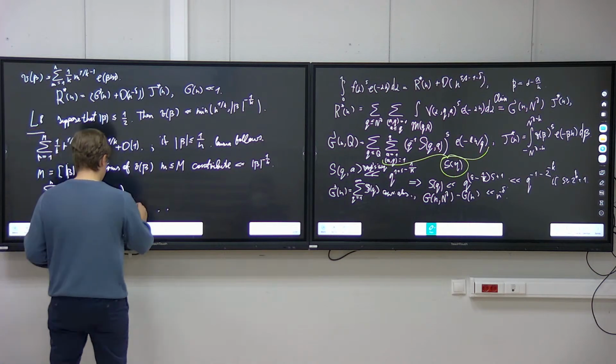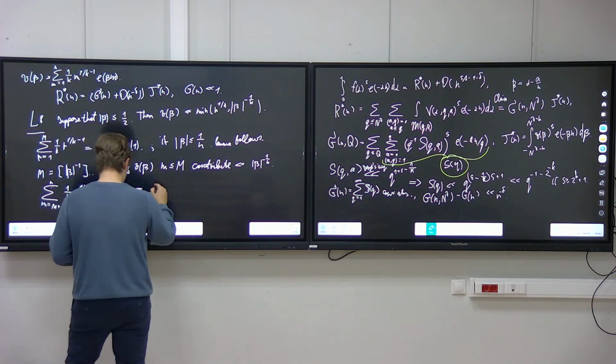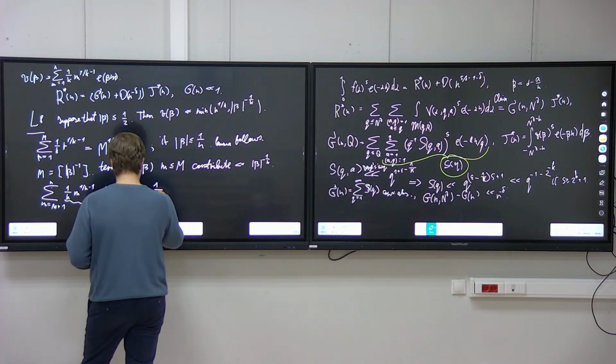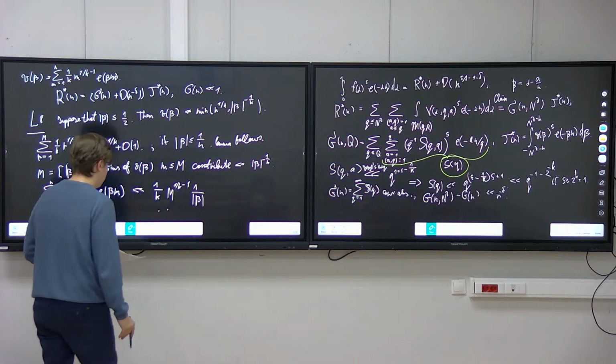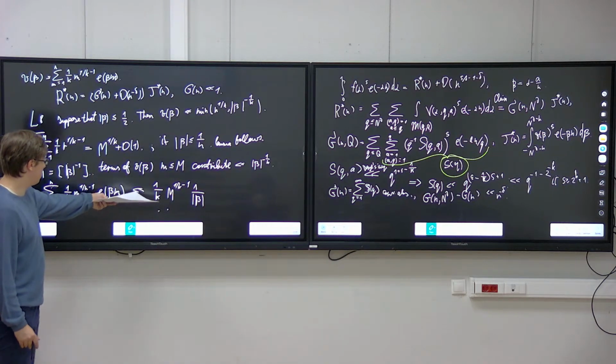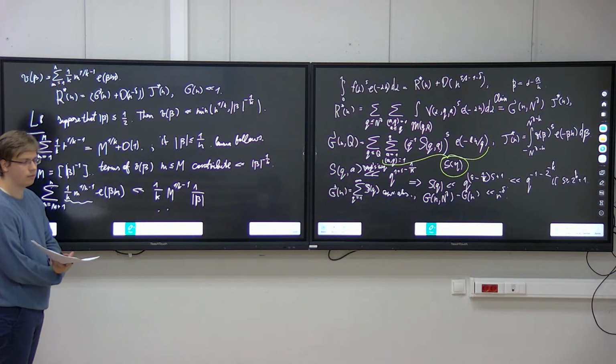And hence this is less than 1 over k m to the power 1 over k minus 1 over beta. Do you understand how we get this estimate?